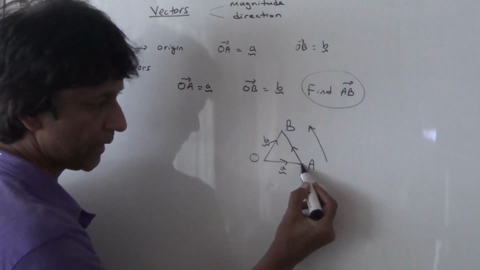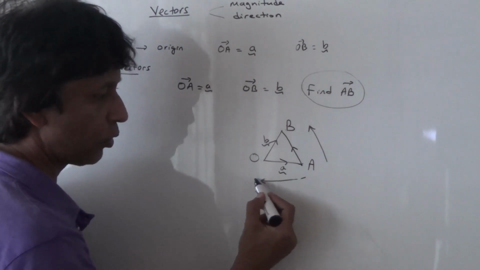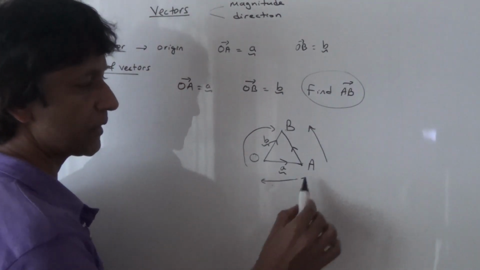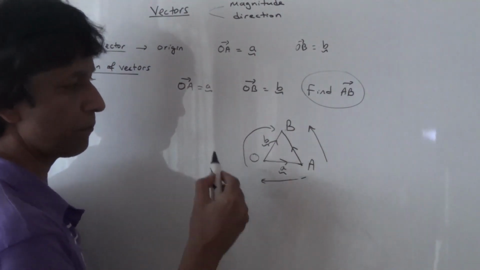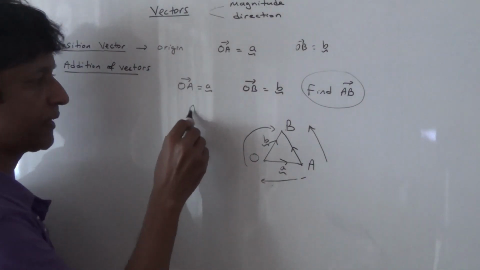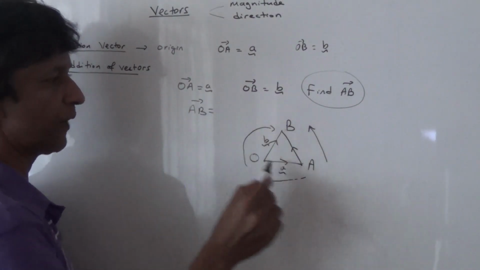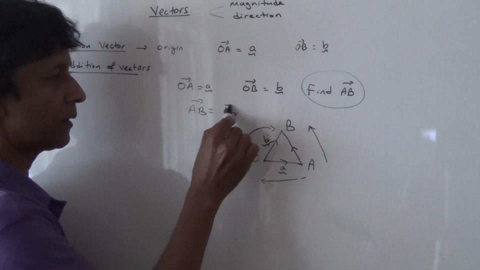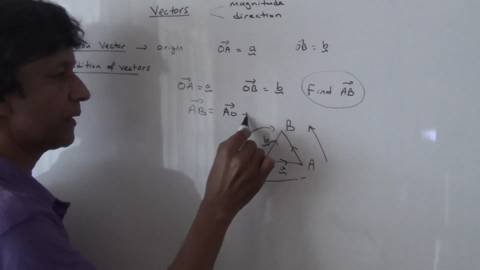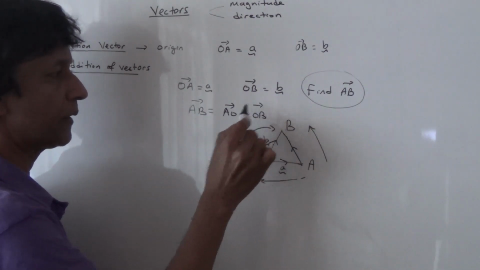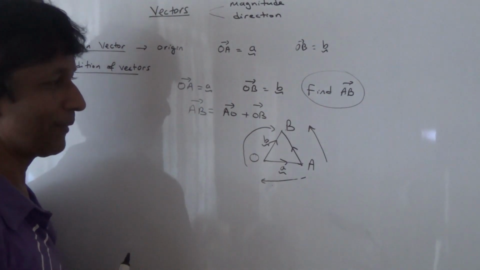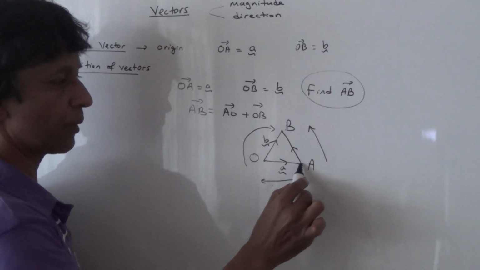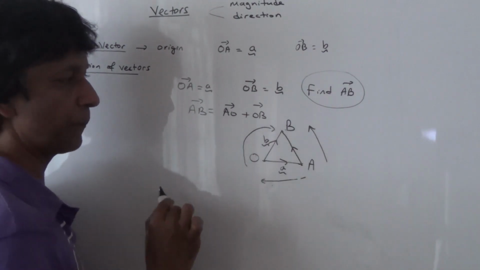I can start from A here and then go all the way through O and then go all the way to B. So that means vector AB is equal to vector AO plus the vector OB. You see the point? If you want to go from A to B, you can go from A to O and then from O to B.